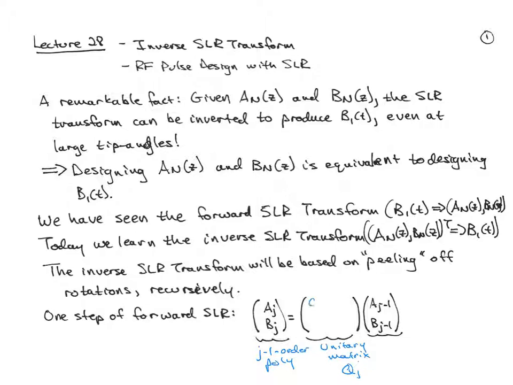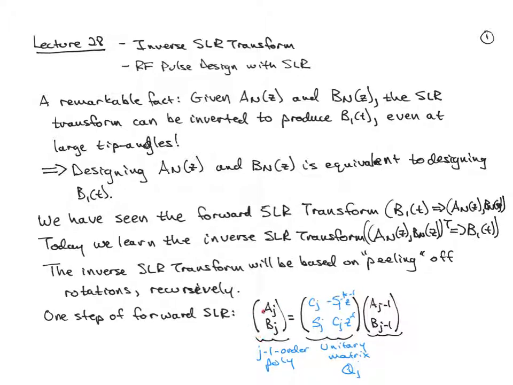So this is going to have c sub j, minus s sub j complex conjugate z inverse, s sub j, c sub j z inverse. Here I've combined the effects of the rotation and the RF at time point j into a single rotation matrix.